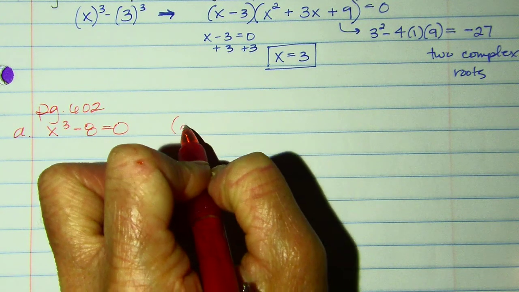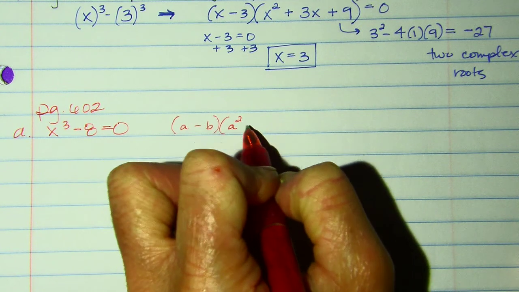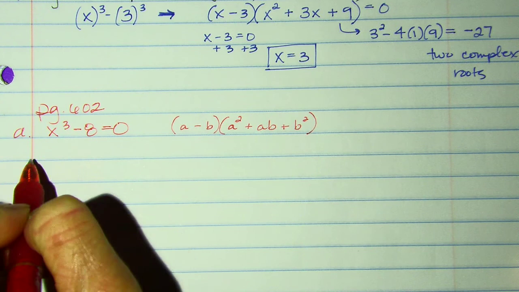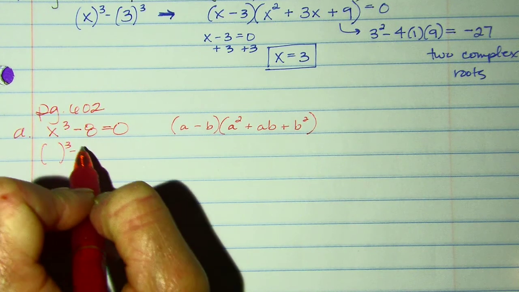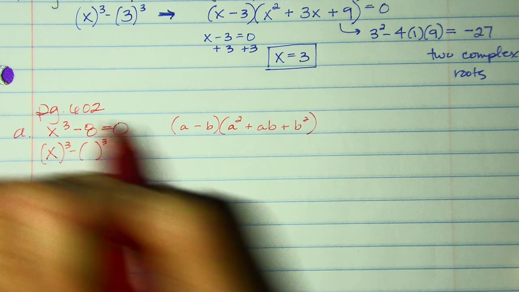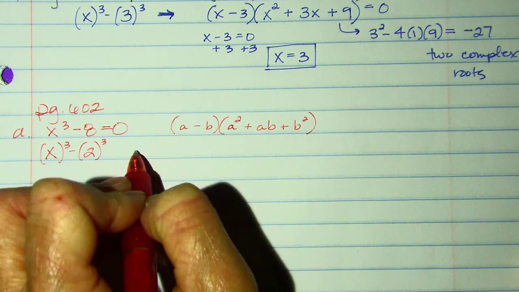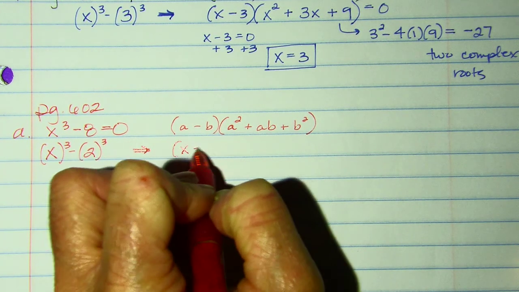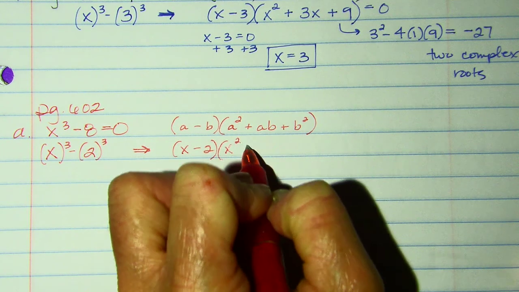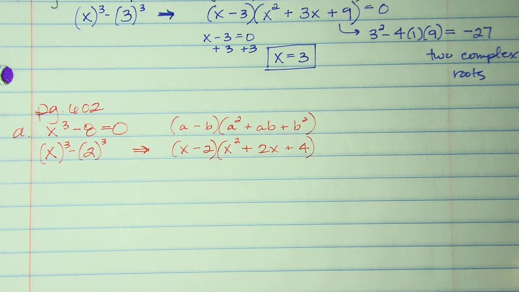This is a difference of two cubes, so I'm going to use these factors, a minus b, a squared plus a times b plus b squared. And I'm going to identify my terms cubed. So x cubed gives me x cubed, and 2 cubed gives me 8. So my factors are x minus 2, x squared plus 2x plus 4.